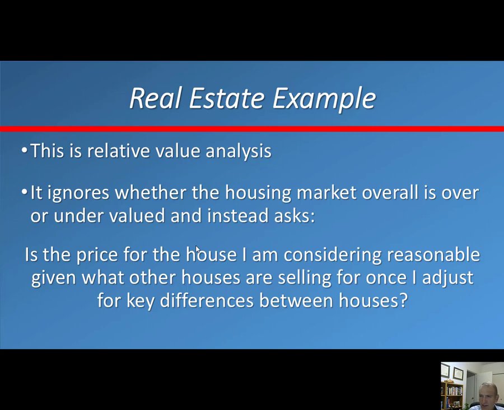It doesn't have very nice trees and landscaping, doesn't have a pool. You know, you're doing it in your mind. It'd be better to do it statistically, but you're at least intuitively taking that into consideration. You're not looking at whether the entire housing market is overvalued or undervalued. You don't really care about that. You're trying to figure out if this house relative to other similar houses is cheap or rich versus those other houses.